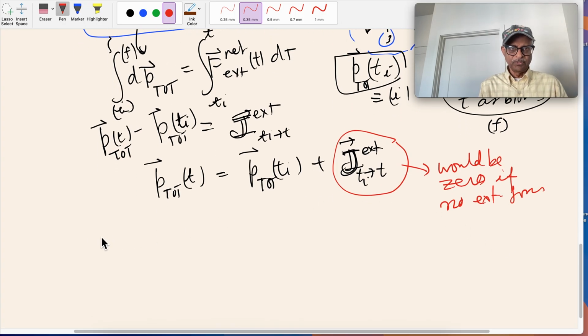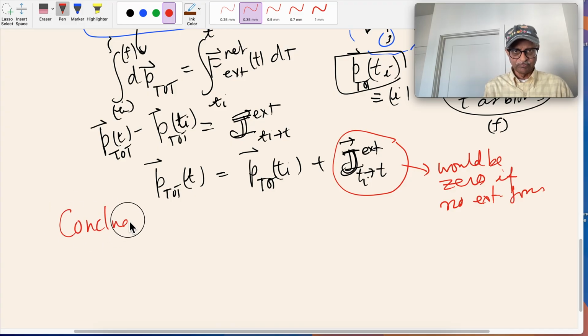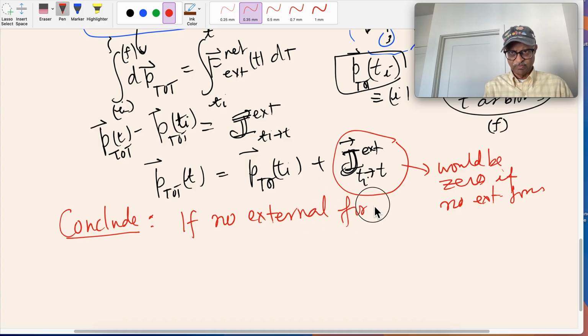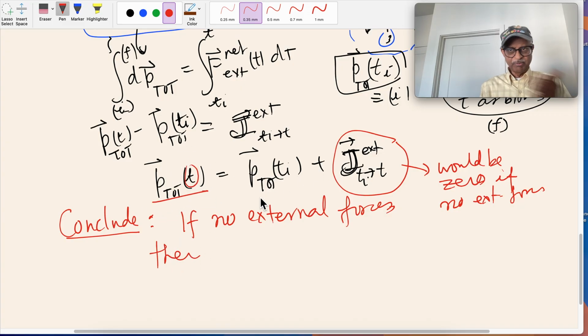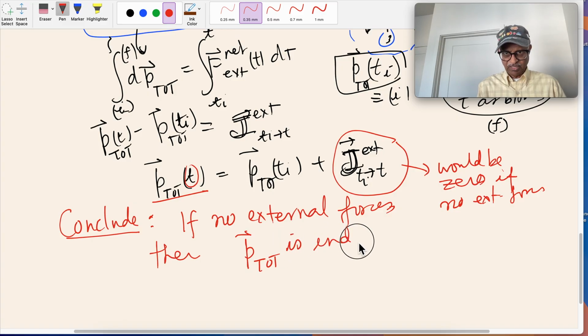Okay, so we conclude that if no external forces, then at any arbitrary time, we don't have to pick a particular instant, p total is independent of time.